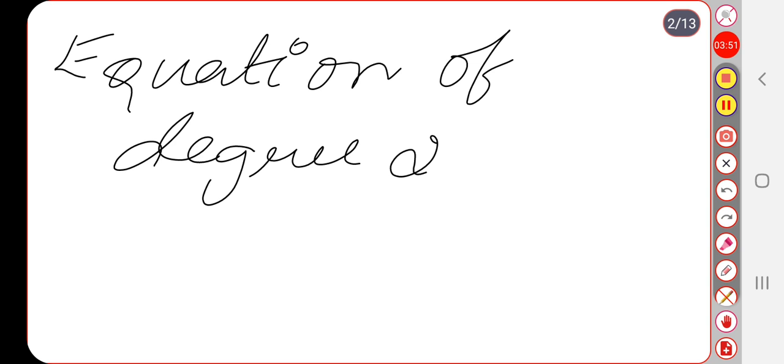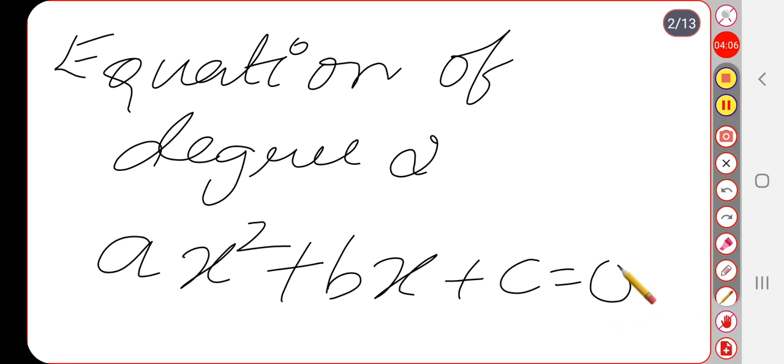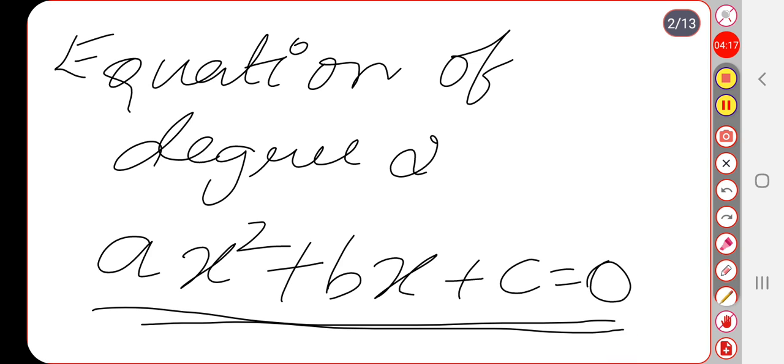The standard form of the quadratic equation, as I have told before also, is ax square plus bx plus c equals 0. And I suggest any other form be expressed, written in this standard form.